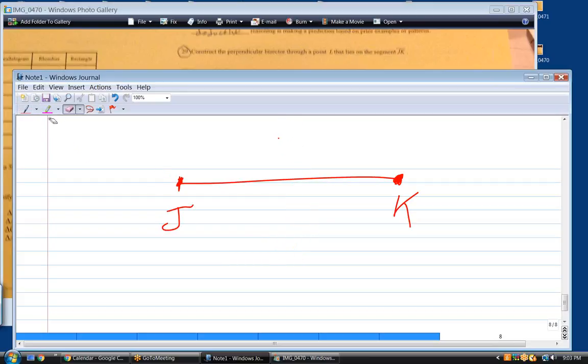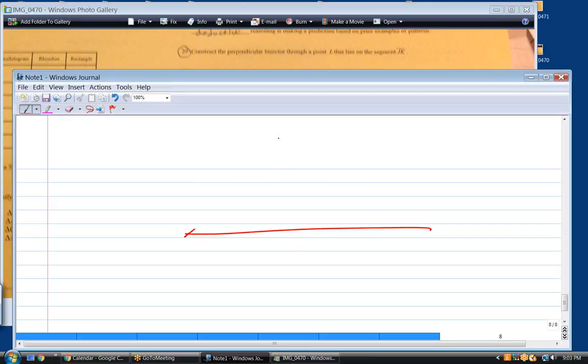Let's talk about bisecting an angle, because I'm sure you have to do that also. If I want a bisector, in other words, if I want to draw a line that bisects this angle, put the needle there. It doesn't matter the length of your compass setting. Make an arc there, same distance, so these two are the same distance.